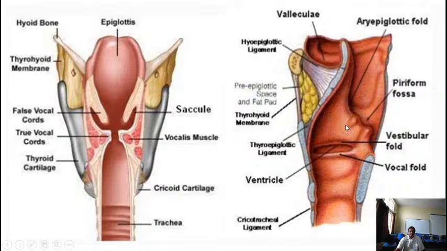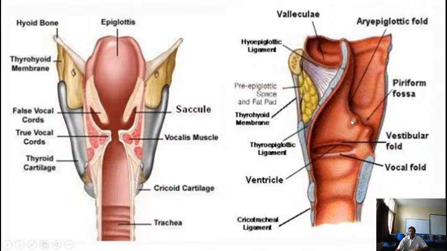They are the ones which close first, and then the false vocal cords get approximated, and the true vocal cords are the third line of defense. The true vocal cords have very powerful adductor muscles, so they come together and close the entire inlet of the larynx. So that is how there are 3 levels.